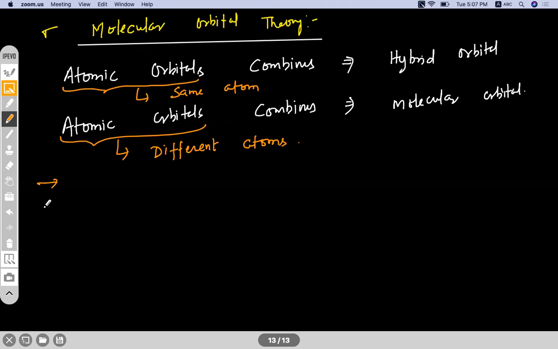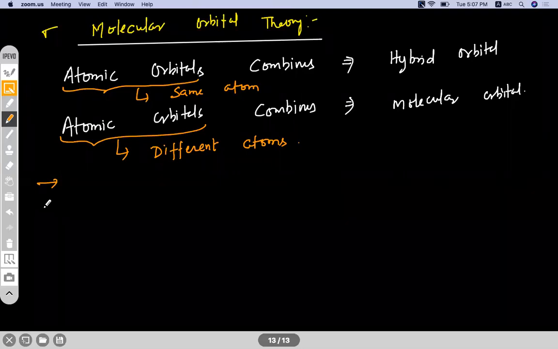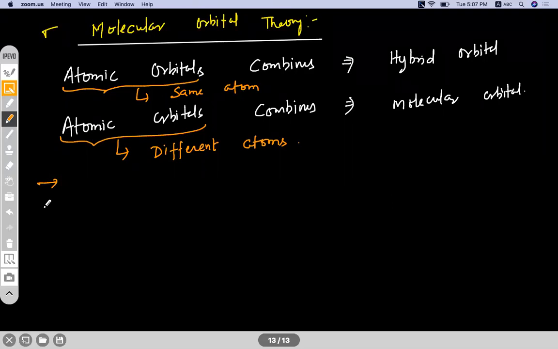Write down the first point. In a molecule, electrons are considered to be associated with all the nuclei in the molecule.